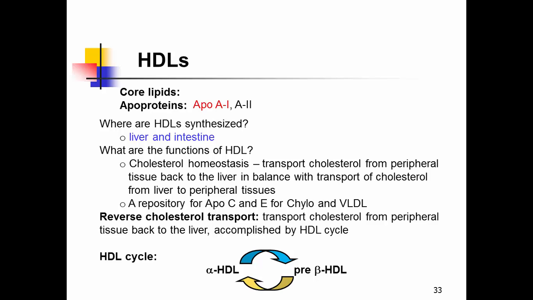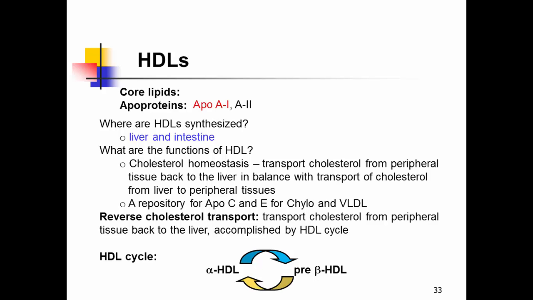The reason is that LDL transports or deposits cholesterol into the peripheral tissues, and HDL transports cholesterol from peripheral tissue to the liver and disposes of it. So these two different types of lipoproteins regulate the balance, or homeostasis, of cholesterol. It's very important. So now we're going to talk about HDL.